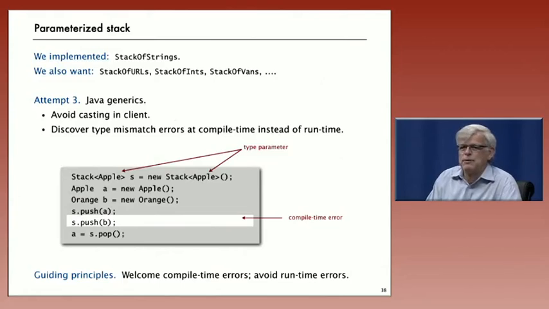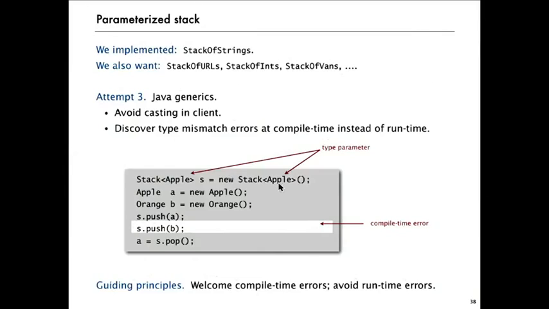So with generics, we can have a type parameter on our class, and that's inside angle brackets in this code. If we have a stack of apples and we try to push an orange onto a stack of apples, then we're going to get a compile time error because that stack was declared to only consist of apples.